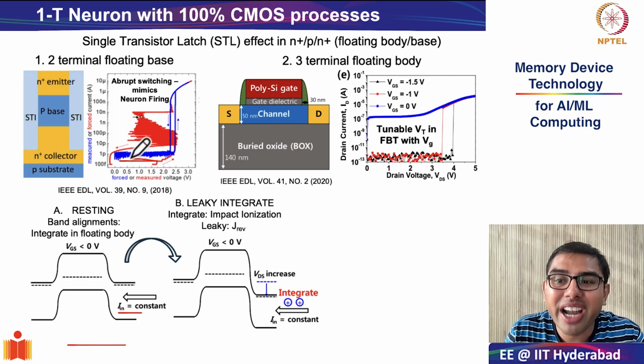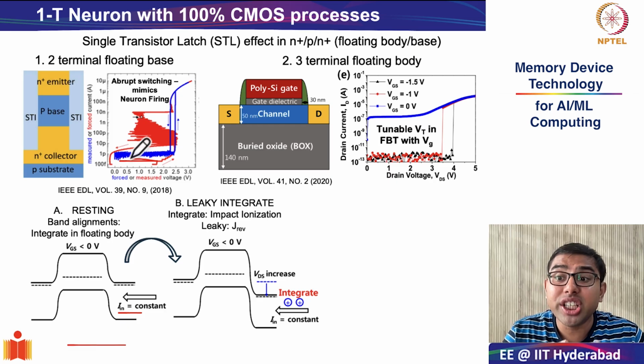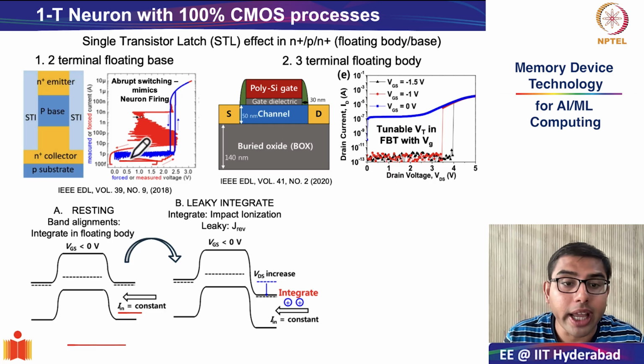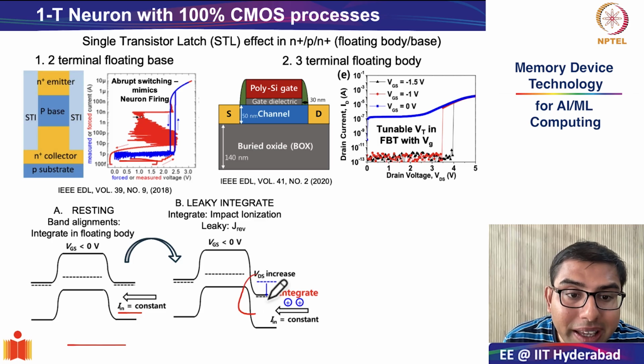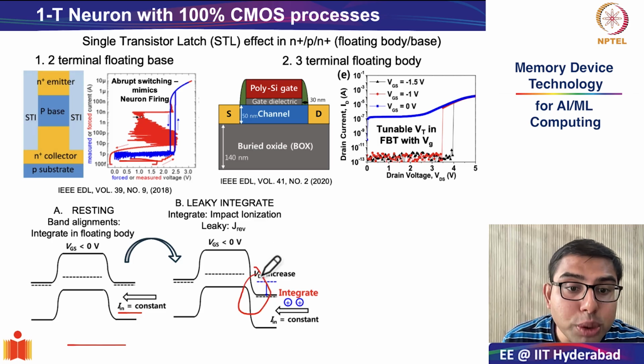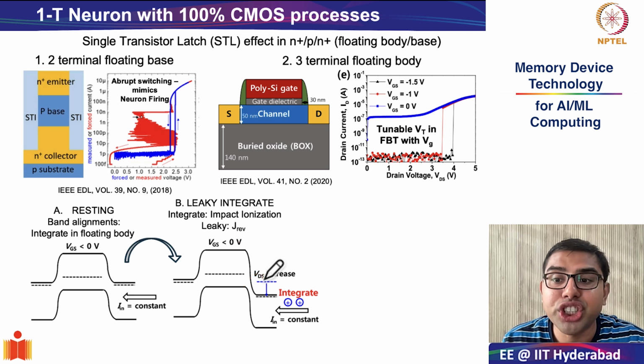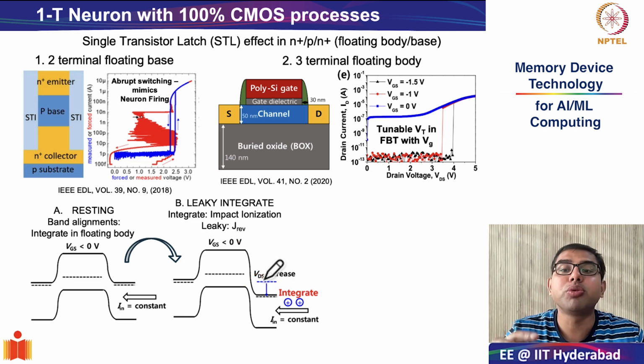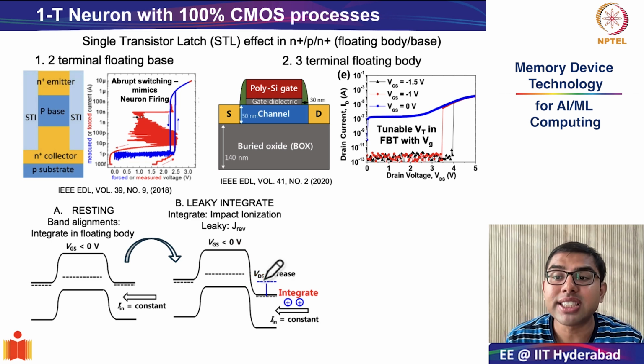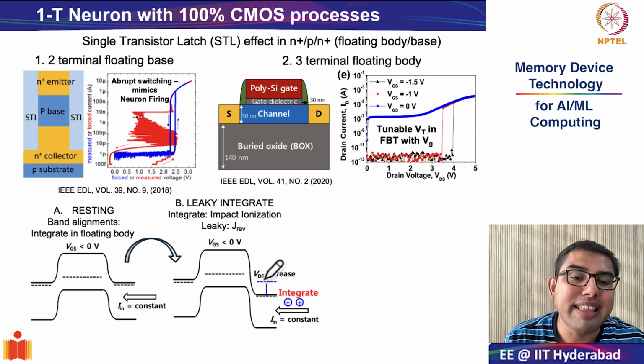Why do they accumulate? This is because the body region, remember, is essentially floating, and this N plus P reverse bias junction is preventing any charges from escaping because of this large barrier.